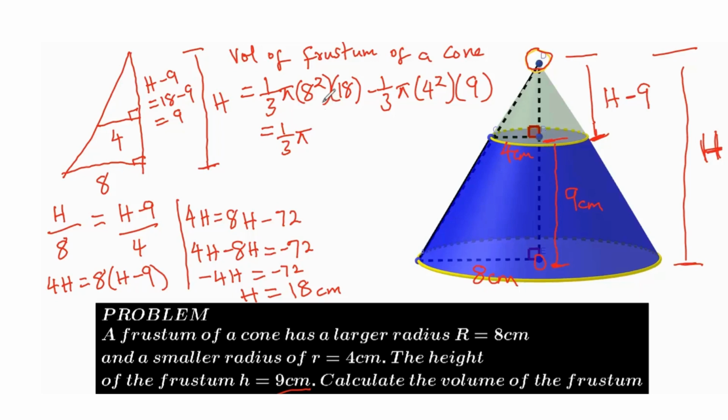Okay, let's return our 1 over 3 pi. Here we have 64 times 18, and that will give us 1,152. So we have here 1,152, and of course, what do we have here? This is 16 times 9, we have 144 here.